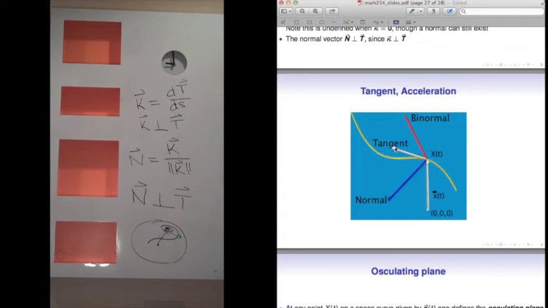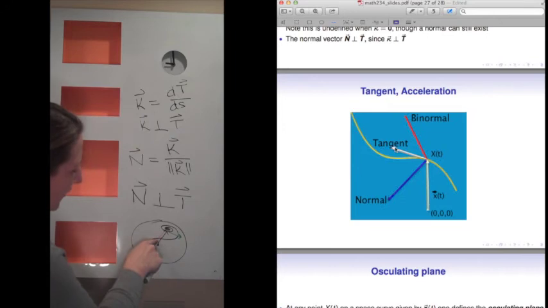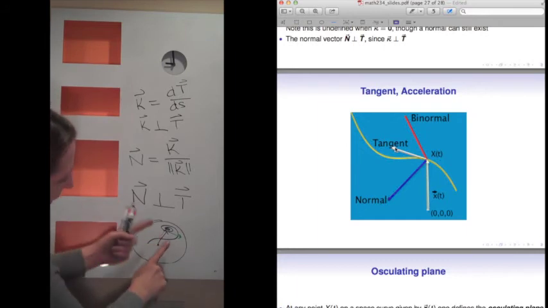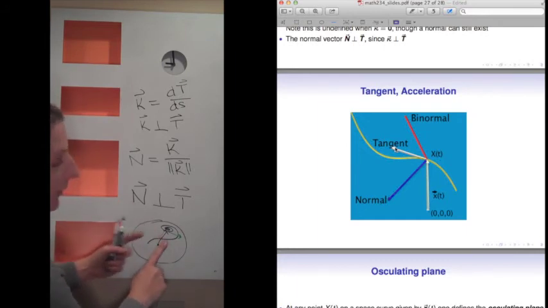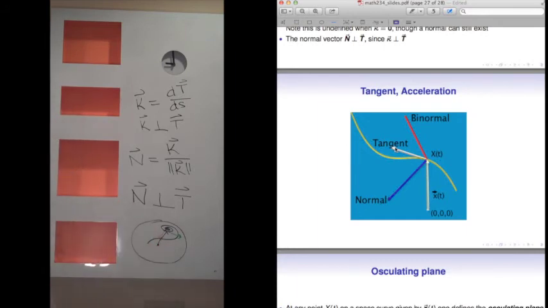I'll do another example in a minute. This one is still sort of a special case because of this property of constant length, which means that the origin and the curvature vector are going to end up pointing in the same direction. But that's not a general phenomenon. But in any case, the point here is that we have these two.